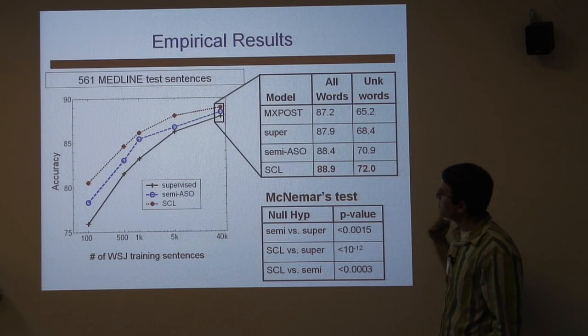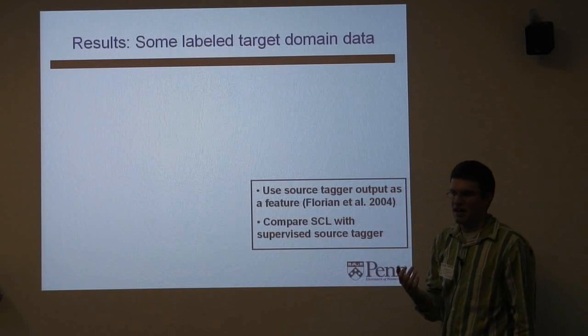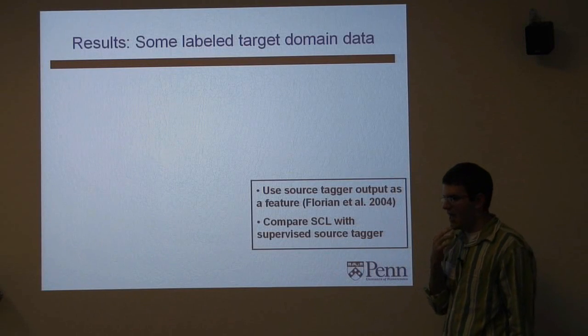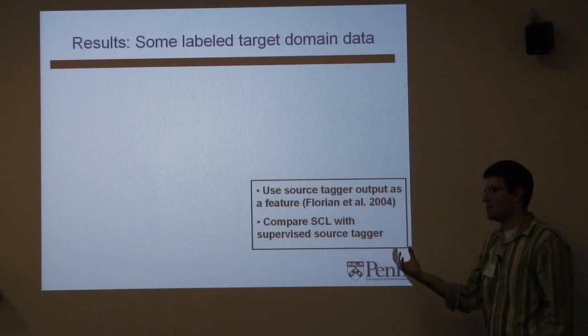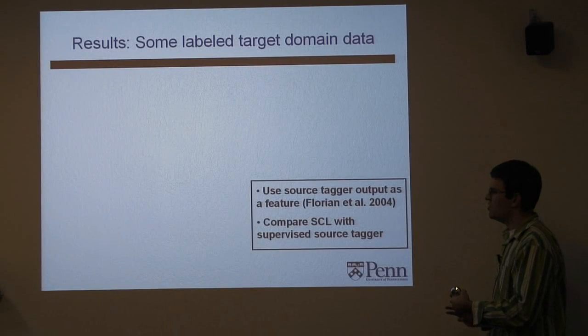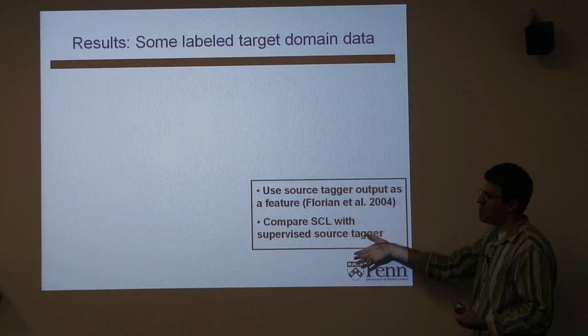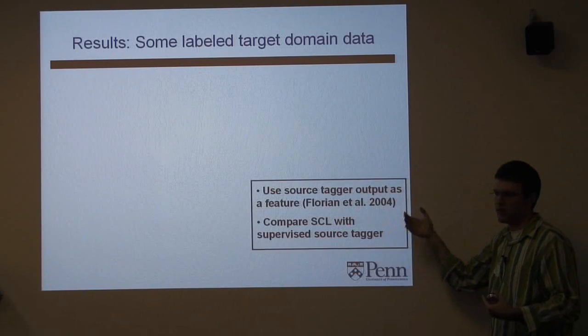Okay. Again, there are other methods for incorporating labeled data in this setting, and in particular for what are called structured problems, where you have a label that's more complex, you can potentially use the output of a tagger trained in the source domain as a feature for the target domain.